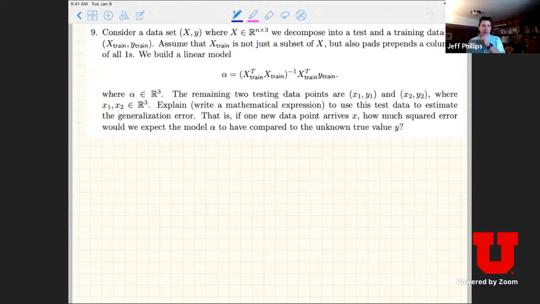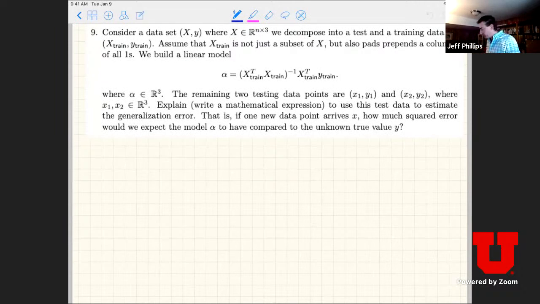Question 9. Okay, so consider a data set xy, where x, an n by 3 matrix, is decomposed into test and train set, x train, y train, assuming that x train is not just a subset of x, but also pads and prepends a column of all ones.